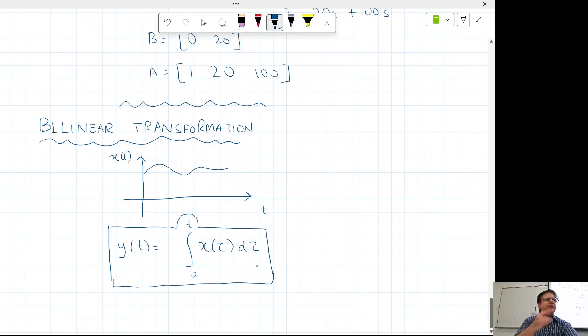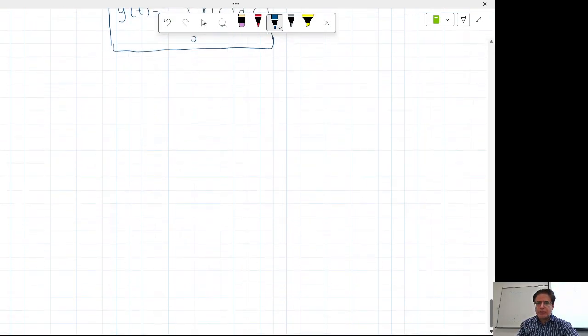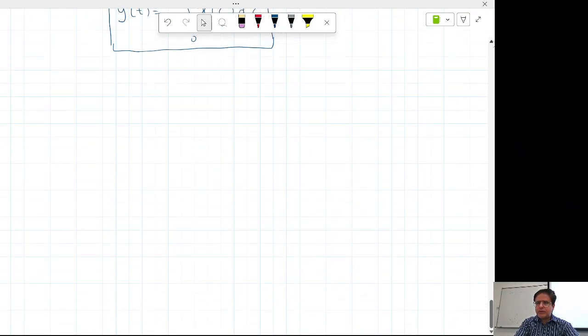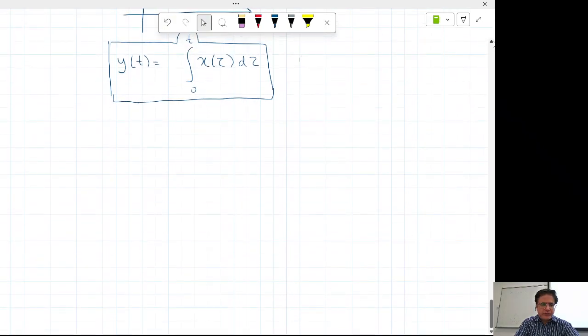What we will do, we will try to approximate this system for the case of a digital system, and then relate the transfer functions together. By the way, if you want to find the transfer function for an integrator, you just take the Laplace transform of both sides, right? So what is the Laplace transform for an integral operation?